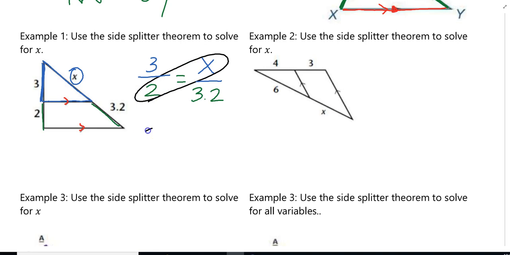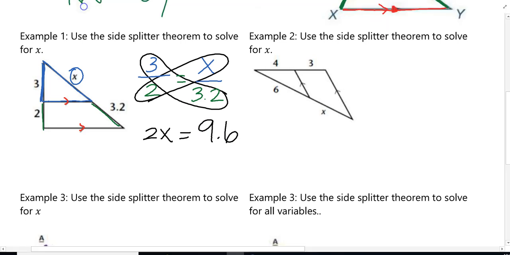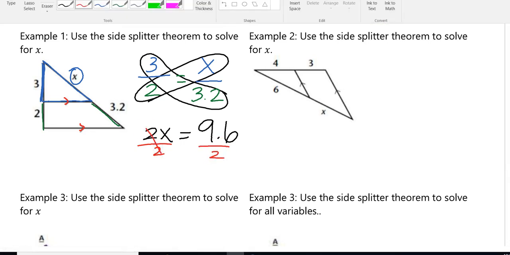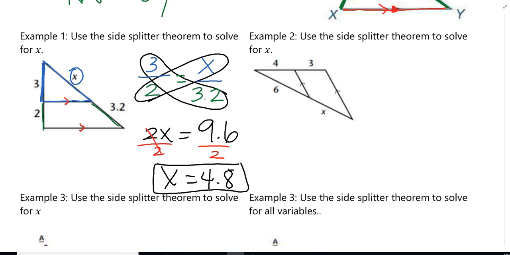So 2x is going to equal 3.2 times 3, which gives us 9.6. In order to solve for x, we divide by 2, and x is going to equal 4.8. So that is the missing side length of our small triangle.